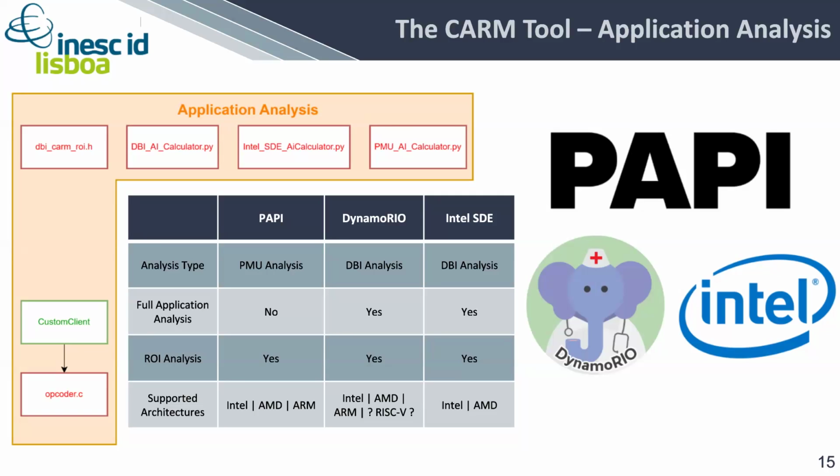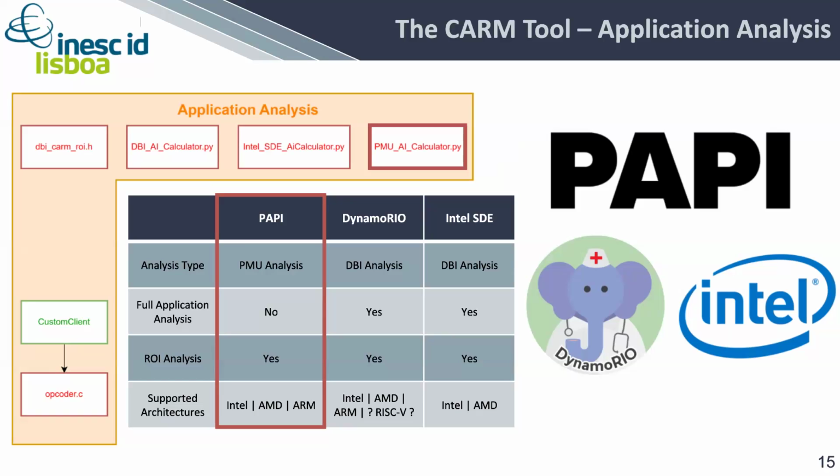So starting with PAPI, this allows us to access the performance counters of the system, and we take advantage of the high-level API from PAPI, which allows us to define a region of code to be analyzed, from which we extract the necessary performance events to plot an application in the CARM.